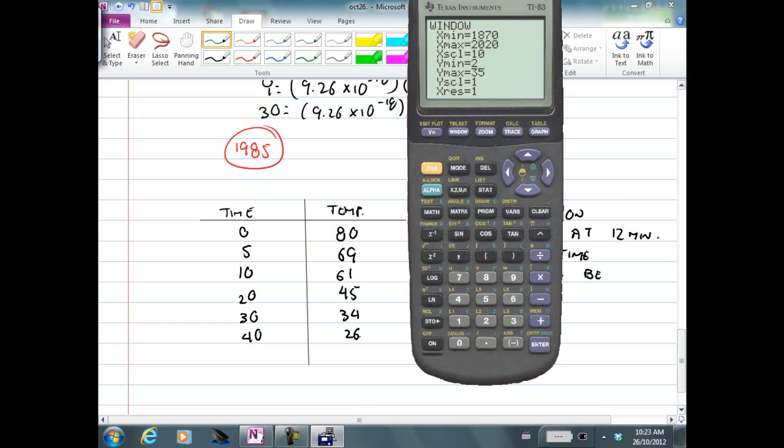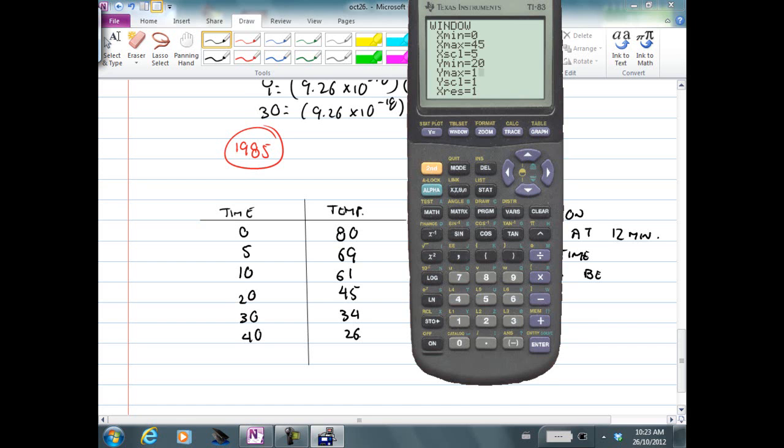Make sure your window mode is set properly. So again, I want to set X min to 0 maybe. X max I'm going to set to 45. Scale, maybe I'll choose 5. Again, this is where everyone's different. My grid, my equation may differ from yours. Y min, I'm going to set it to maybe around 20. Y max, maybe 80.